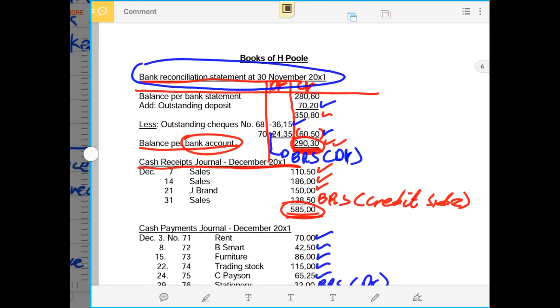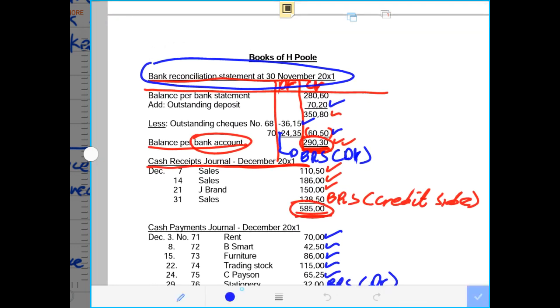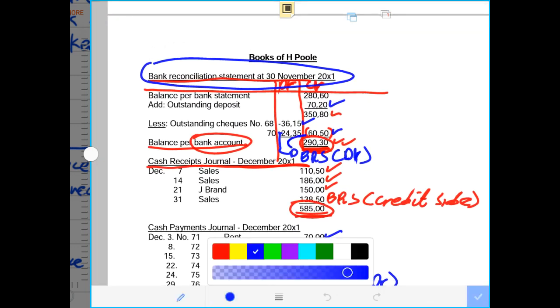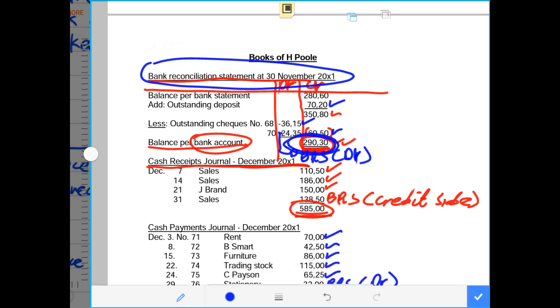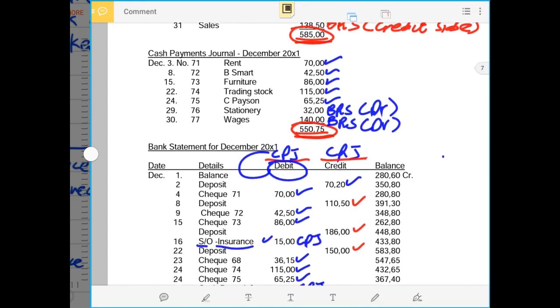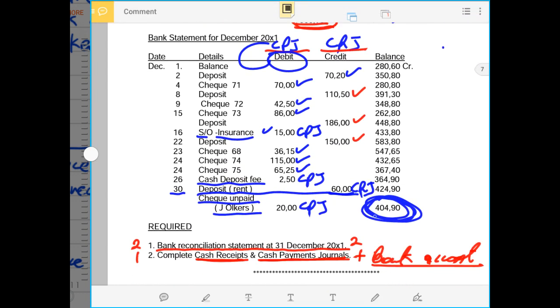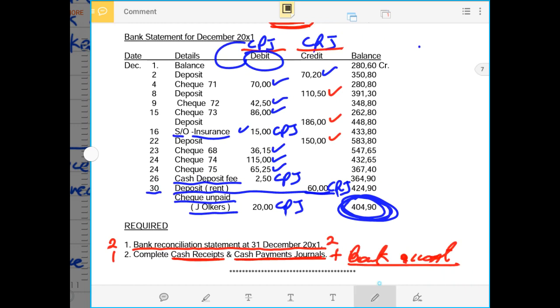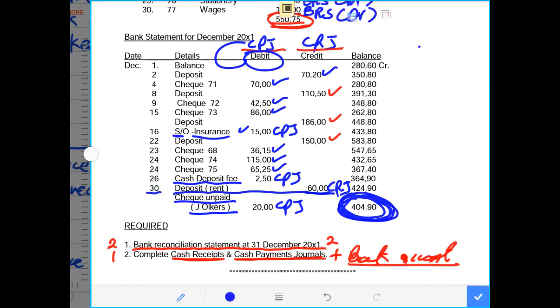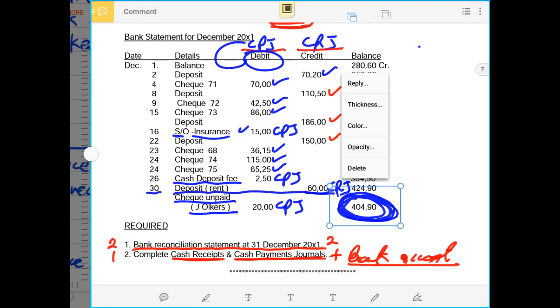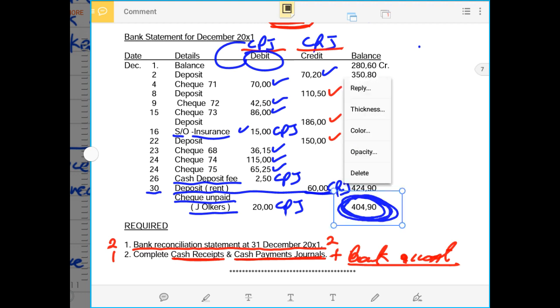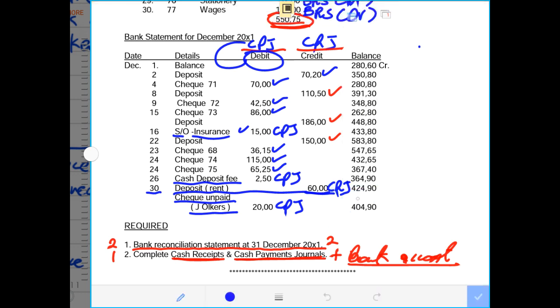The previous bank reconciliation statement had this figure here at the bottom, 290.35. The closing balance of the previous bank reconciliation statement became the opening balance of the bank account. But the closing balance of the bank statement, which is 404.90, is the one that becomes the opening balance of the bank reconciliation statement.